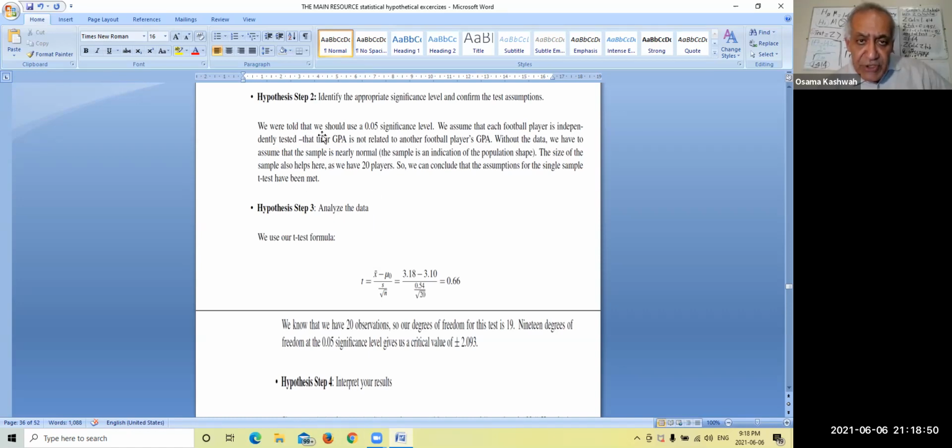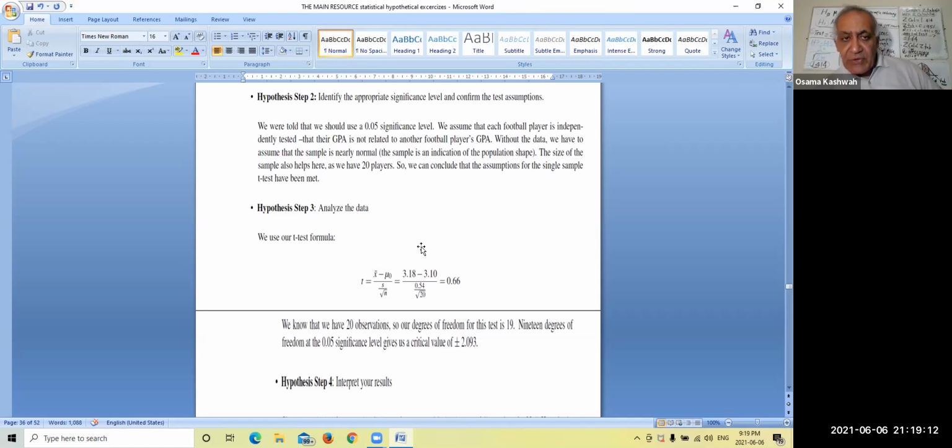We were told that we should use a 0.05 significance level. We assume that each football player is independently tested, so that their GPA is not related to another football player's GPA.